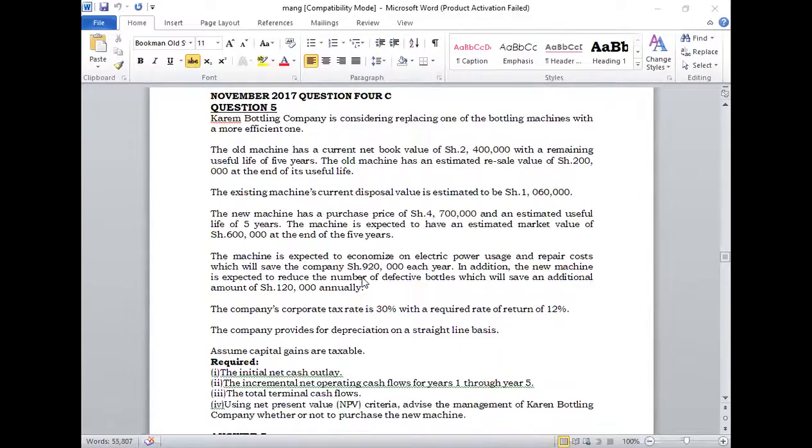So they want us to give them the initial outlay, the incremental net operating cash flows from years 1 through 5, and the total terminal cash flow. Then, using net present value criteria, advise the management of the bottling company whether or not to purchase the new machine.